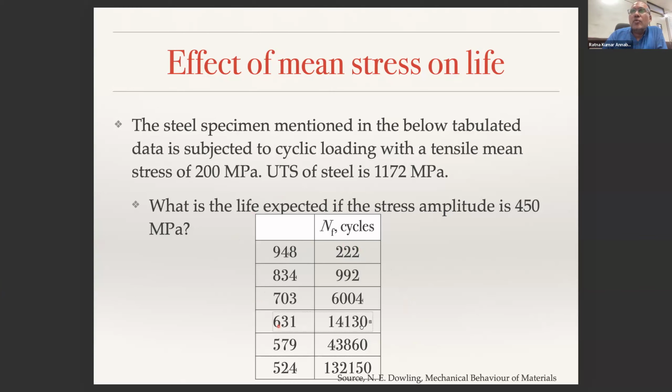For this data, what is the value of A and B? S is equal to A n power B, no? What is the value of A and B that you have taken?